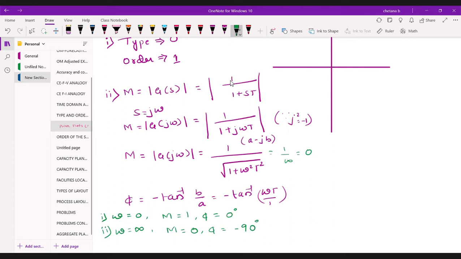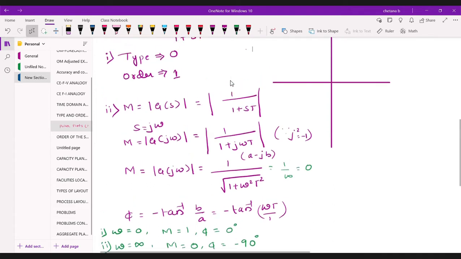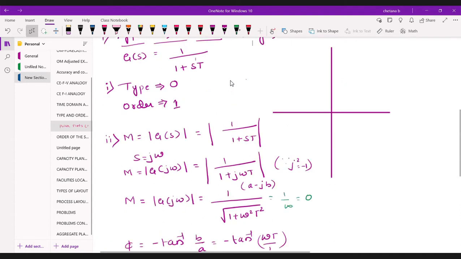At omega equal to 0, magnitude, I'll come back to this part. Okay, let me take it here. For omega equal to 0, the magnitude is 1 and the phase angle is 0 degree. For omega equal to infinity, 0 is the magnitude and minus 90 is the phase angle.